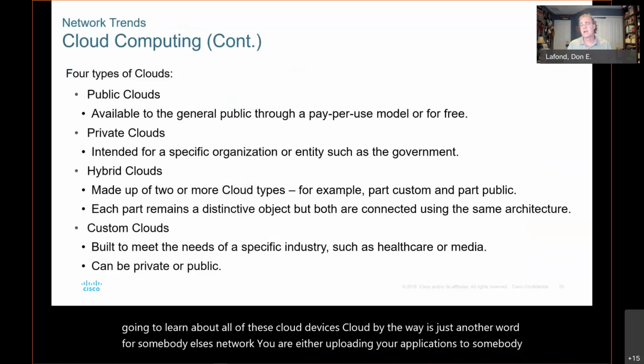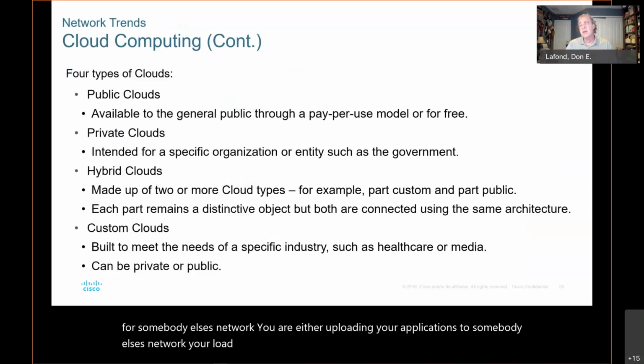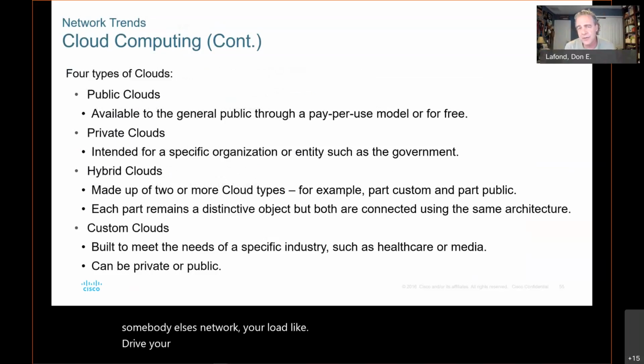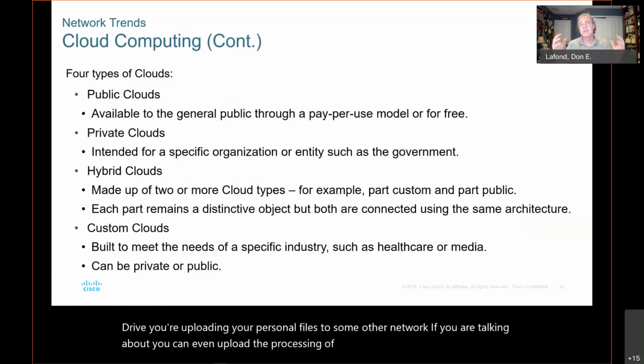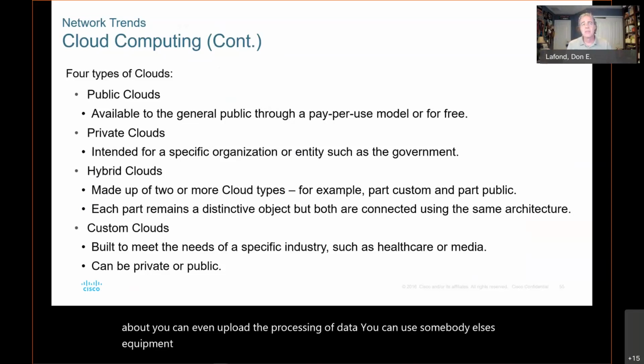Like OneDrive, you're uploading your personal files to some other network. You can even upload the processing of data. You can use somebody else's equipment and their network of equipment. For a business, that can save a company a lot of money.